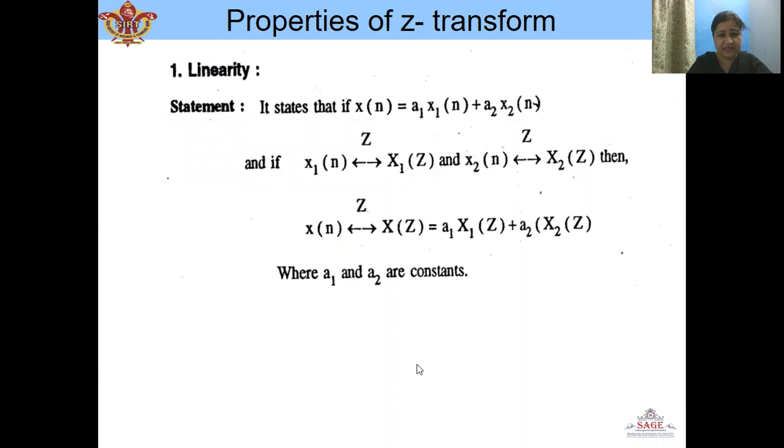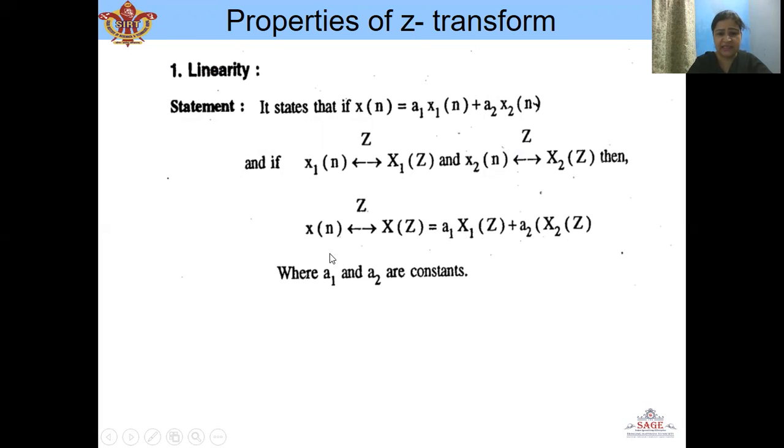Now, the first and important property of Z-transform is the linearity property. According to the linearity property, suppose we have two signals x1(n) and x2(n), where x1(n) has Z transform X1(z) and x2(n) has Z transform X2(z).